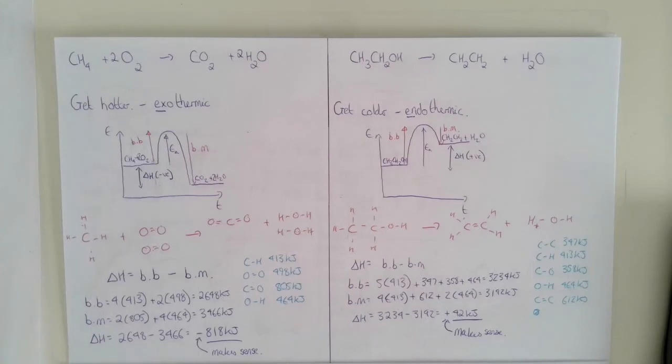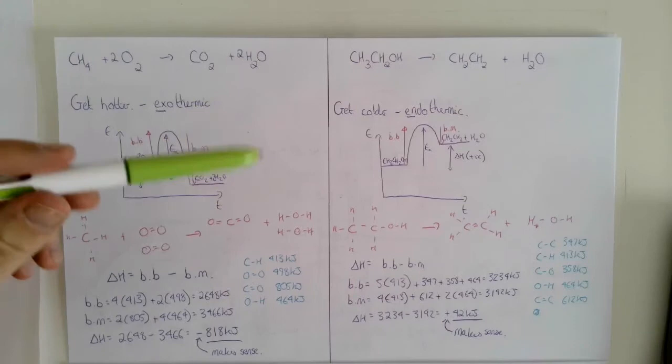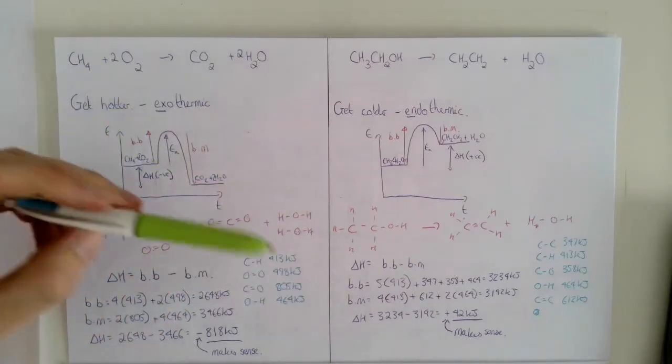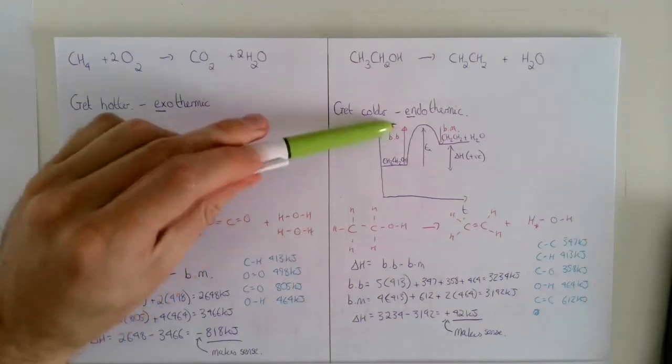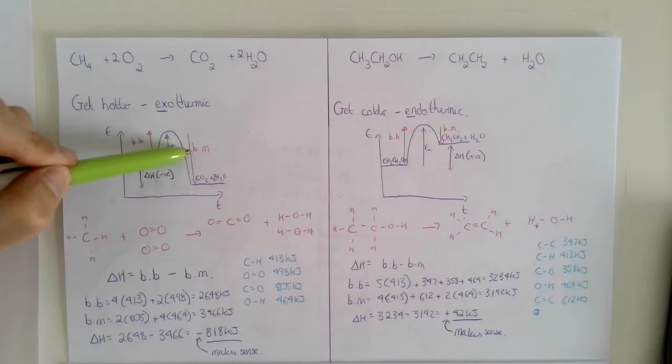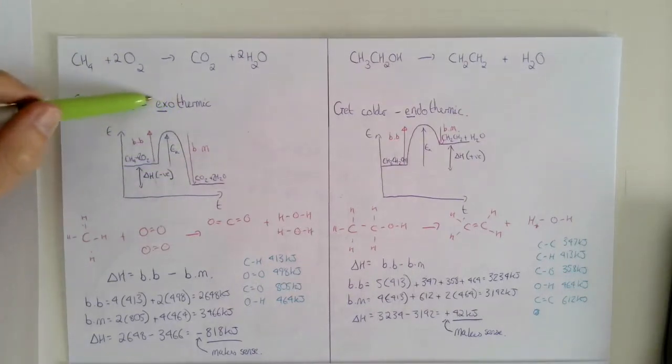Now you get some questions which ask you to use ideas about bond breaking and bond making to explain why a reaction is endothermic, or why a reaction might be exothermic.